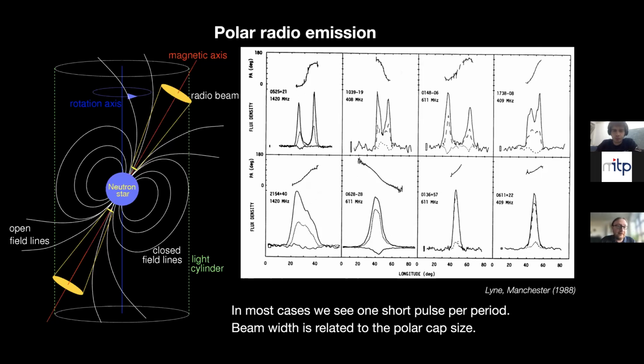And moreover, this width of the peak mainly scales with the size of this open field line region, which we know how it scales with the pulsar period. So this points to some compact emission source somewhere close to the neutron star. And we also know this from how the linear polarization of this emission behaves. If you have questions, I can answer them, but otherwise I would just move on.